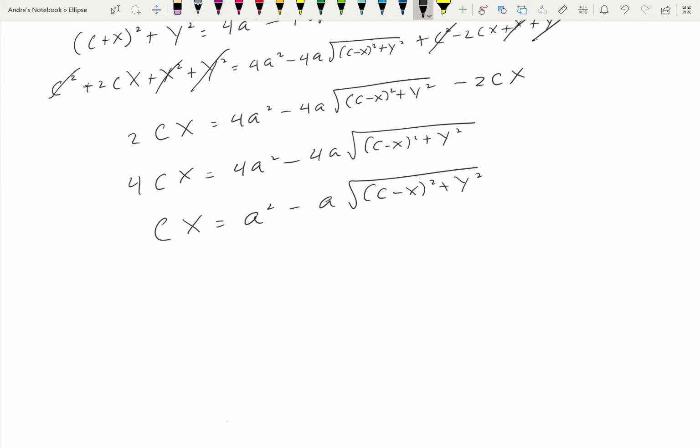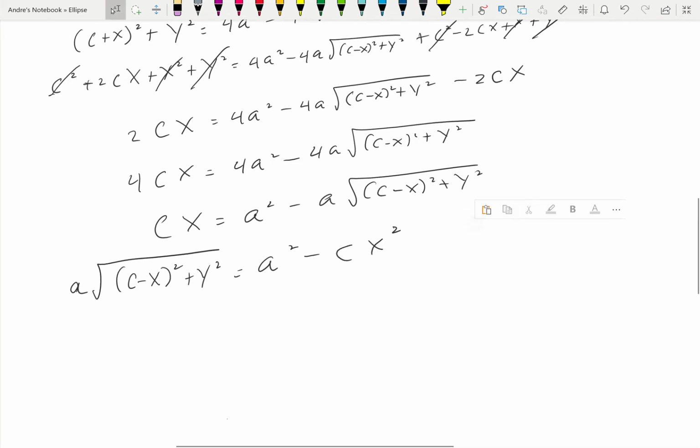We can subtract cx from both sides and add a root (c minus x) squared plus y squared to both sides, where we'll be left with a root (c minus x) squared plus y squared is equal to a squared minus cx.